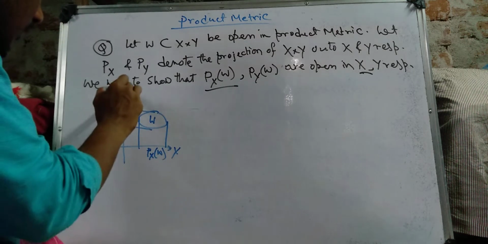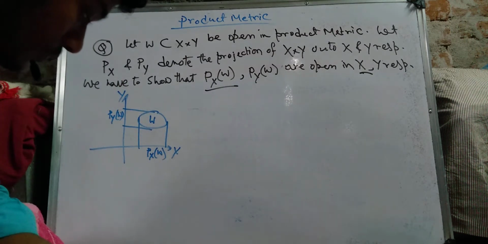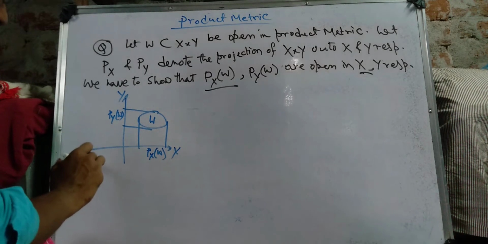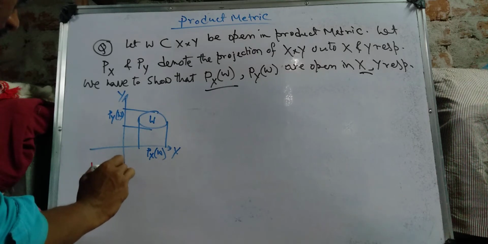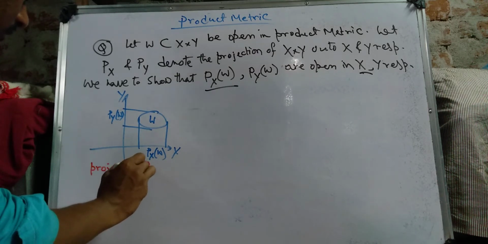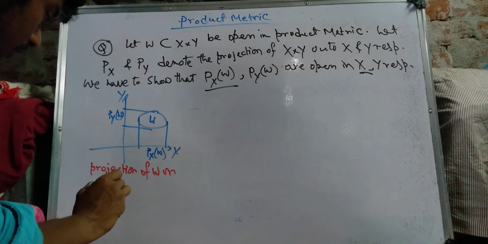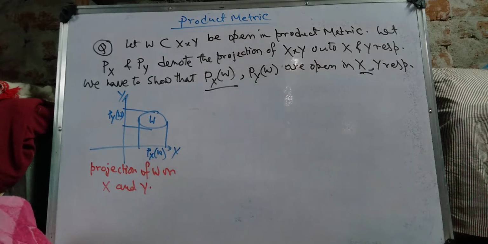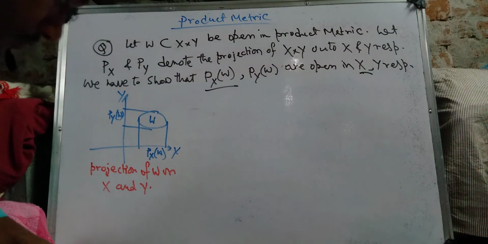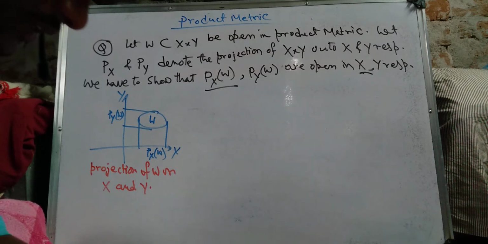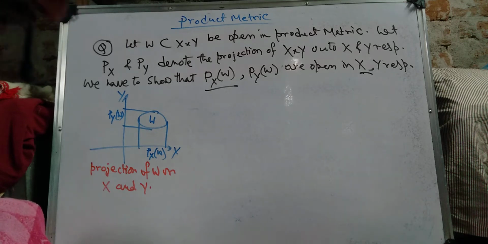Here X, here Y, and we see the projection of W on X and Y. Now we write this one. We have to see that p_x(W) is open in X. How we see that?